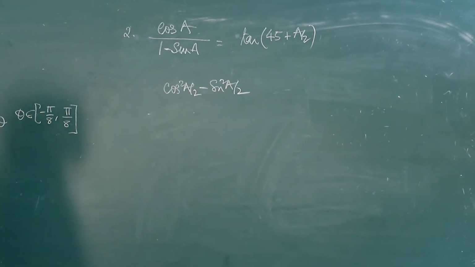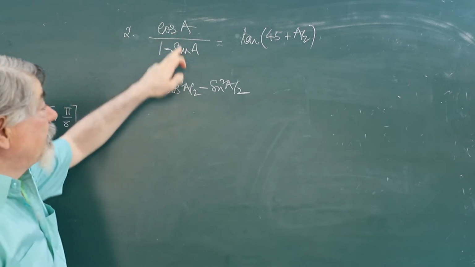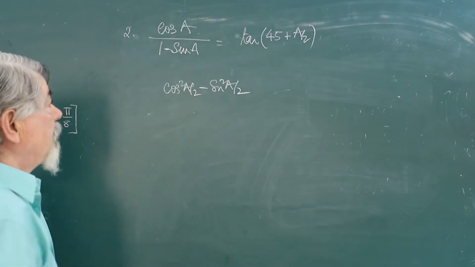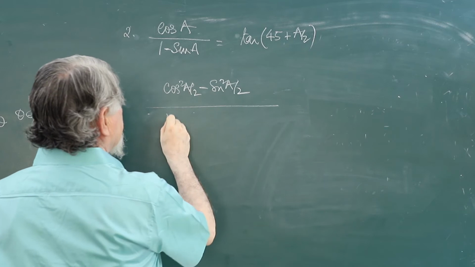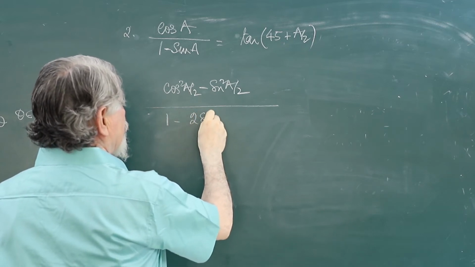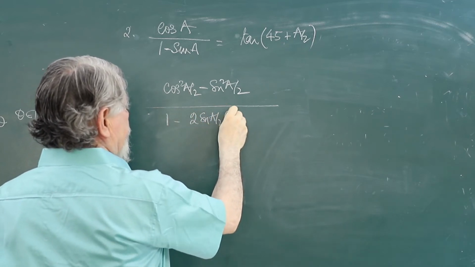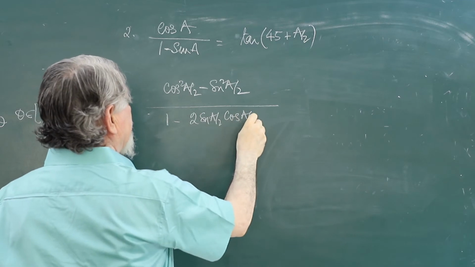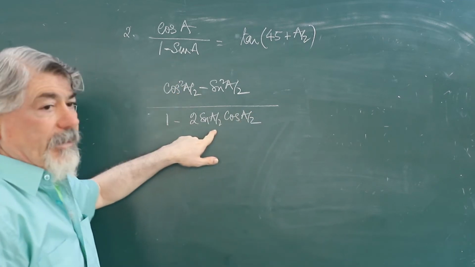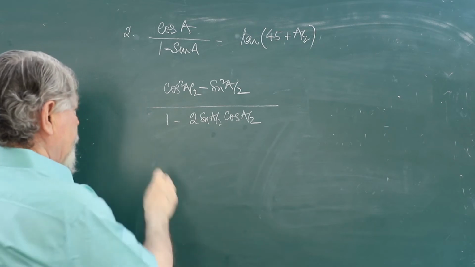Cos 2 theta, or cos 2A, is cos square A minus sin square A. But when it is A, then these angles become half. In the denominator, 1 minus 2 sin A by 2 cos A by 2. We converted sin A as 2 sin A by 2 cos A by 2.